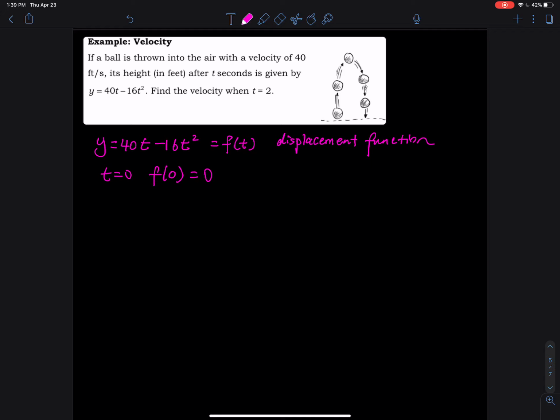All right, so that tells you the displacement. How many feet away, right? 0 feet away initially. The ball is 0 feet away from the starting point. So that tells you how many feet away. What about velocity?